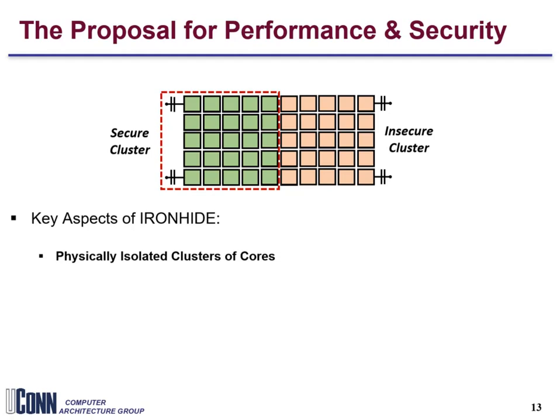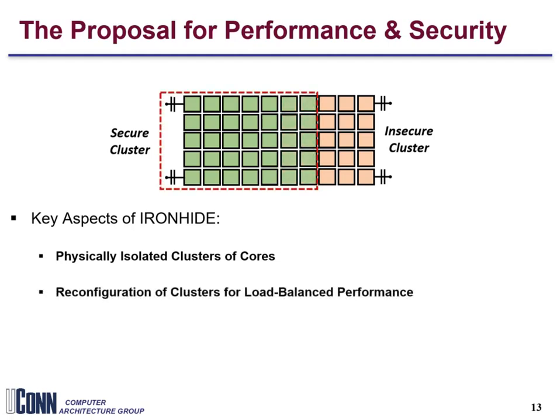These clusters are strongly isolated to ensure high security. Moreover, IRONHIDE makes these clusters reconfigurable in their size while keeping the same strong isolation guarantees intact. This reconfiguration capability enables load-balanced high performance, thus addressing the performance limitation of MI6.